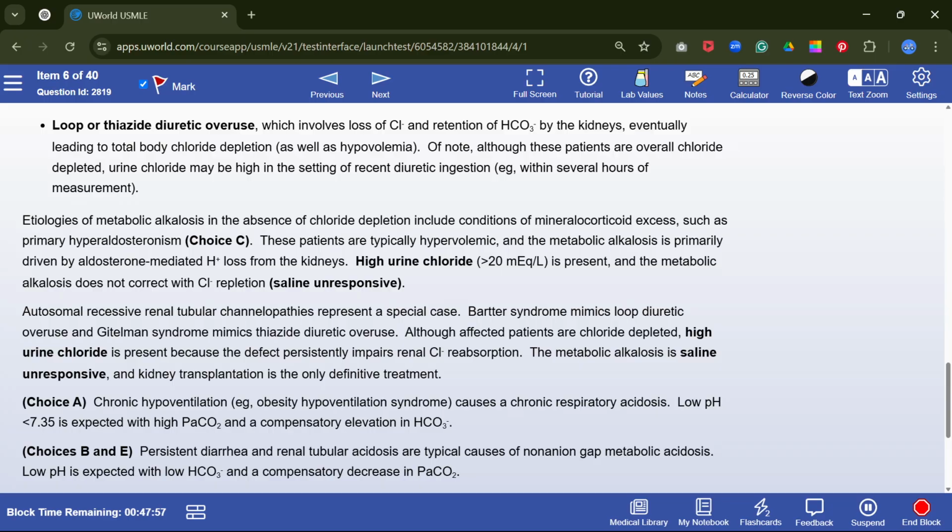Like think in that way: if somebody is taking furosemide all the time, what will happen? It is Bartter syndrome. And if somebody is taking thiazide diuretics all the time, then what will happen? That is Gitelman syndrome.